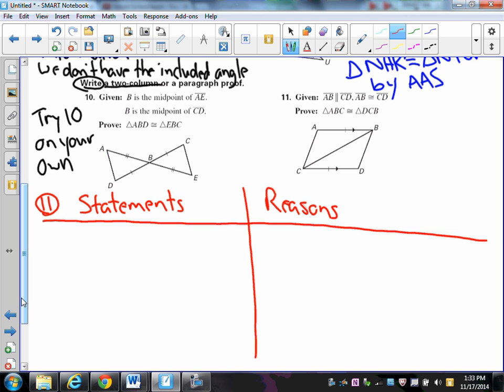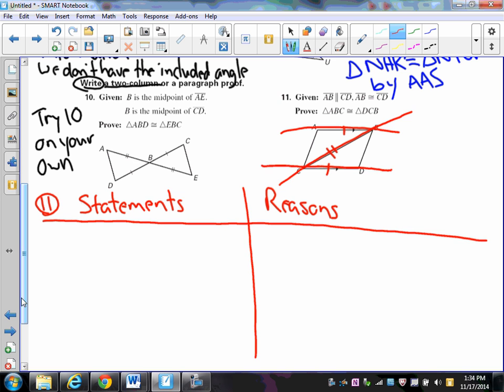So before we do that, let's figure out what our game plan is going to be. Well, we know we have these two sides that are marked off. That's given information. We know that we have a common side. Remember, that's the reflexive property. And lastly, we're told we have parallel lines. That's given to us.